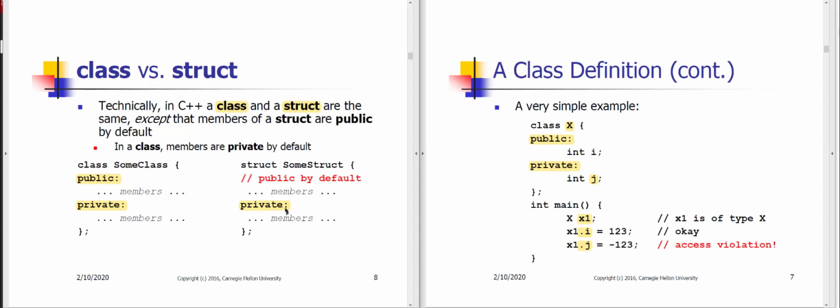And if you do that, in effect, your struct definition is interchangeable with a class definition. Stylistically, people tend to use structs, as I've indicated, as bags of data, whereas people use classes as higher level data types combining data which is private with member functions that users can call which are public.